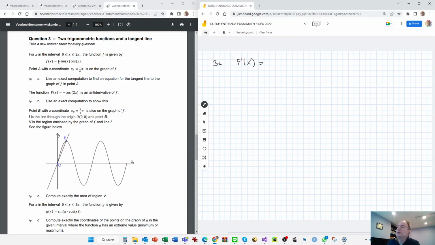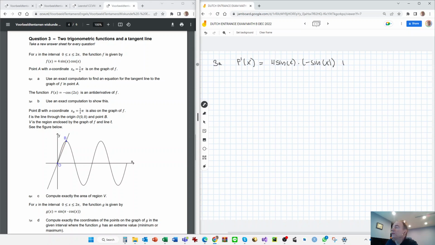We can also just use the product rule for differentiation. So we get 4 times the sine of x times the derivative of the cosine, which is the minus sine of x. And remember, the cosine will go down first if you go to the right from 0.